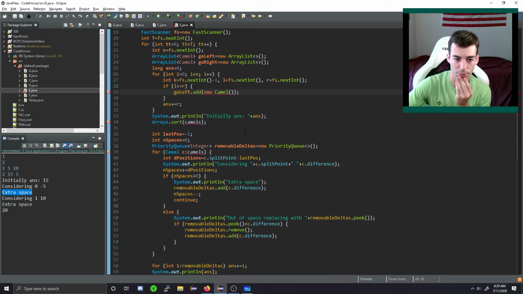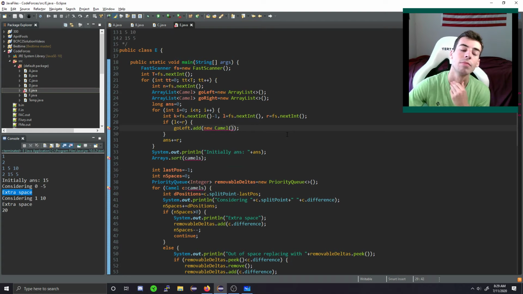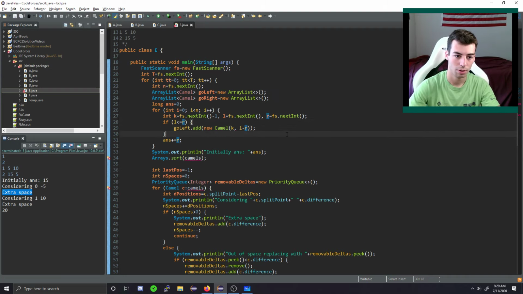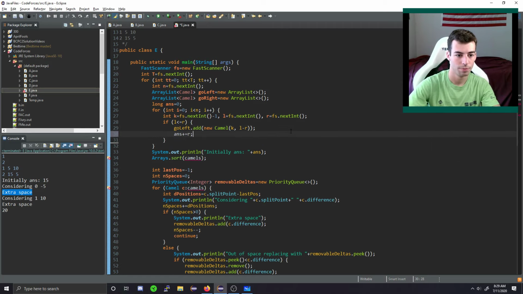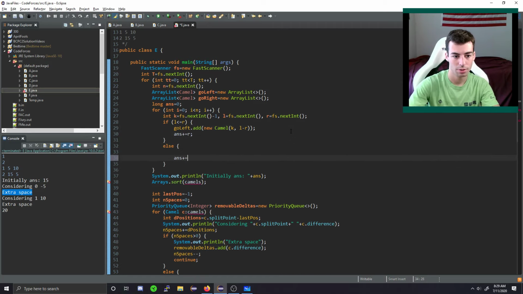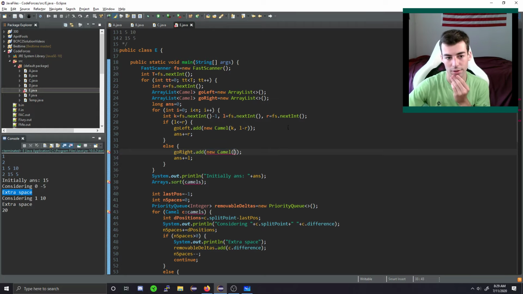So its split point will be K, and then it will receive L minus R. Otherwise, go right.add new camel, and I'm going to make this 0 indexed as well, so its position will really be n minus 1 minus k, and look at R minus L.